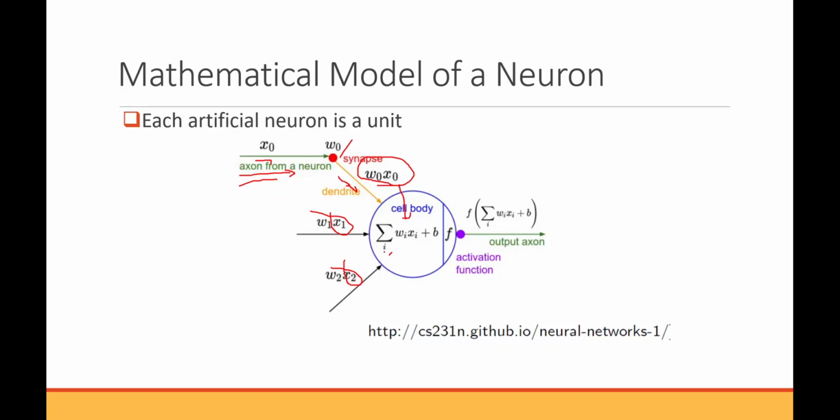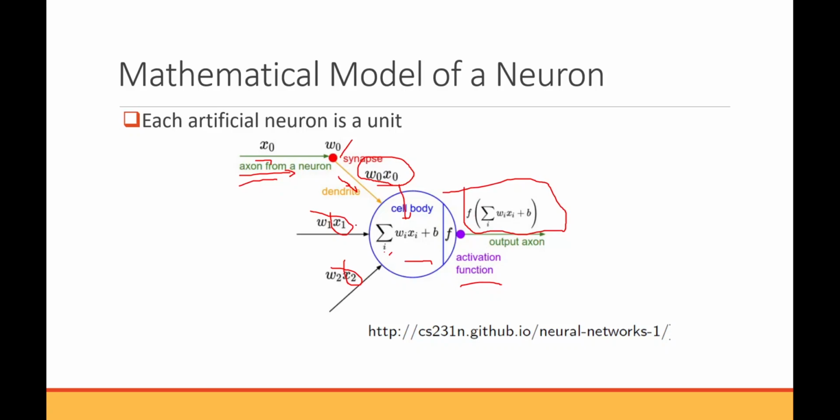Okay. The resulting output is computed here. But the resulting aggregated output computed here is not communicated as is. It is then non-linearly activated by the corresponding activation function, and what the neuron communicates to its neighboring neuron is not just the summation of wixi plus b, but f of the summation of wixi plus b.